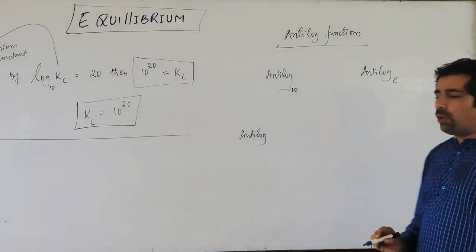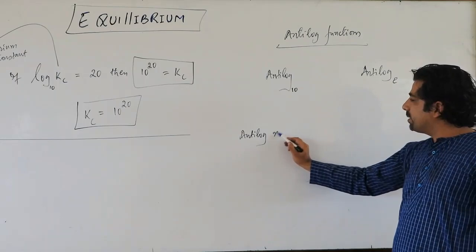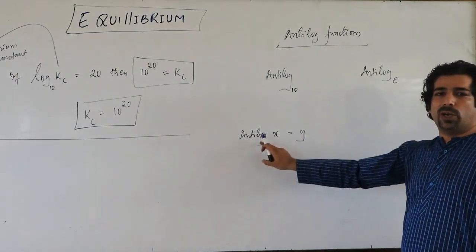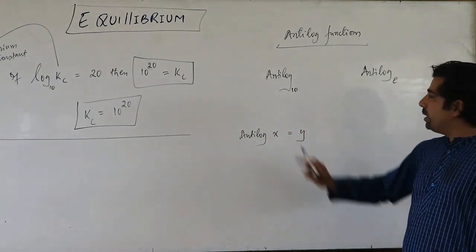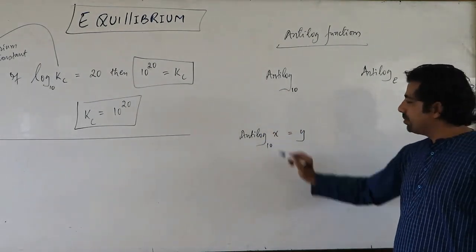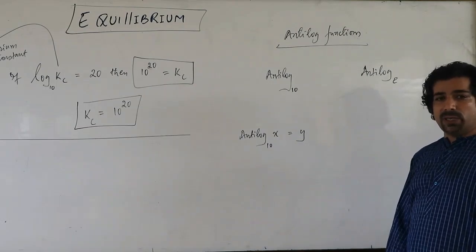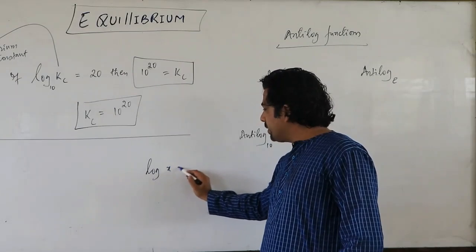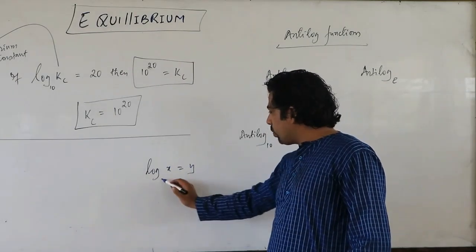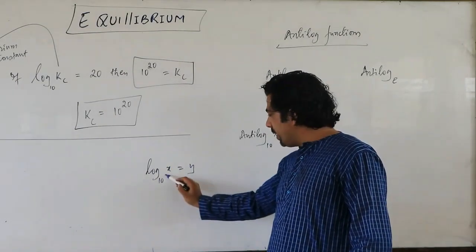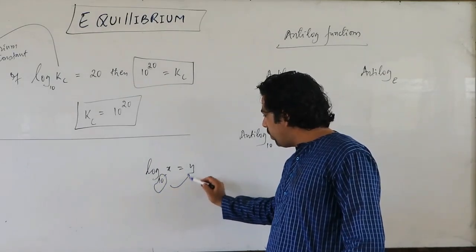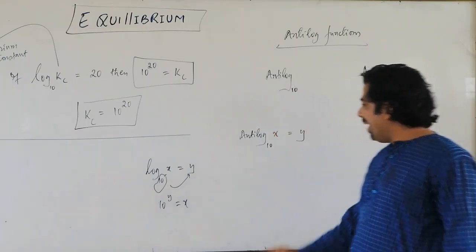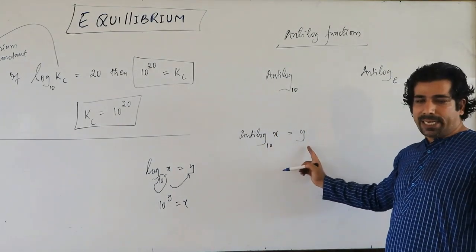Antilog, let's suppose I want to find out antilog of x, and let us suppose it's given that antilog of x is equal to y. What is the base here? 10. Previously, when it was log, if it is given as log x is equal to y, and the base is 10, I was taking this base 10 raised to the power y, so I was doing 10 raised to the power y is equal to x. But in antilogs, it is not like that.